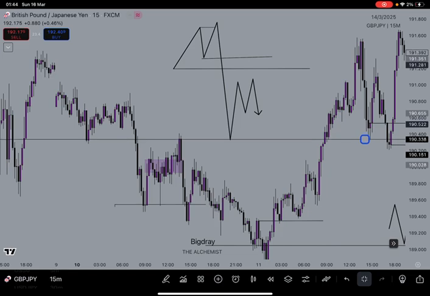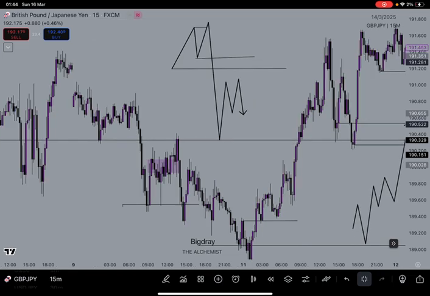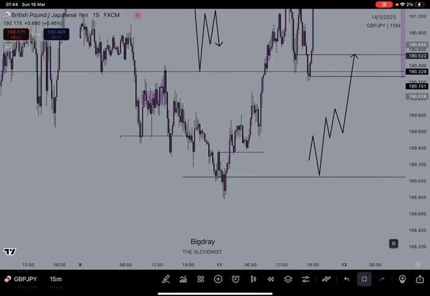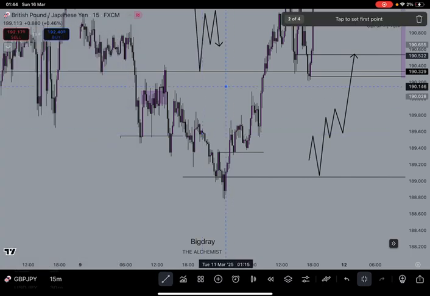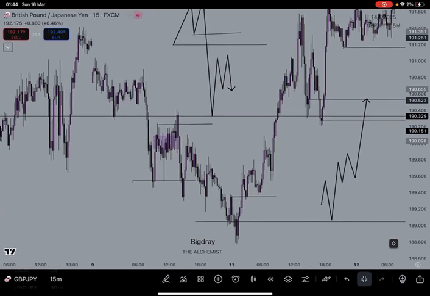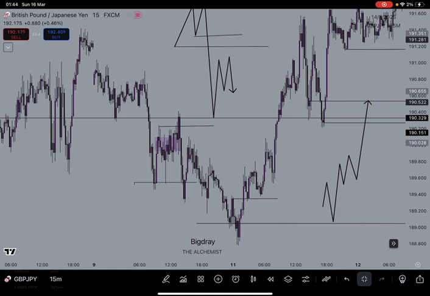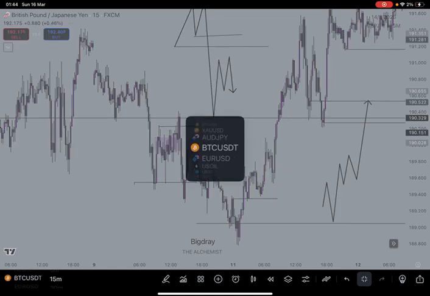Mark here. You can see the market reversed from there. Why? Because there is liquidity. This is normal SBR. So now you understand how we take our RBS and SBR.